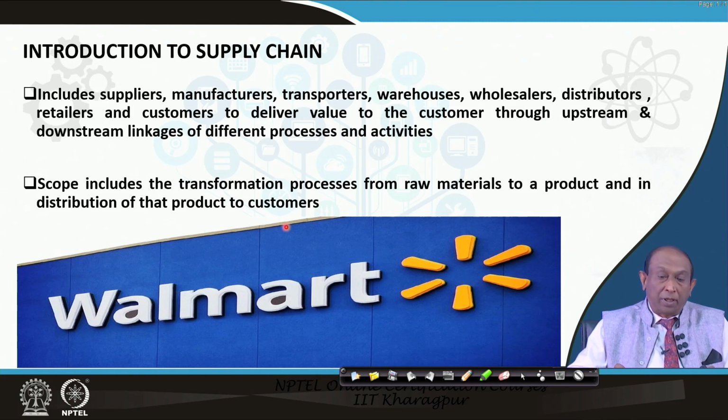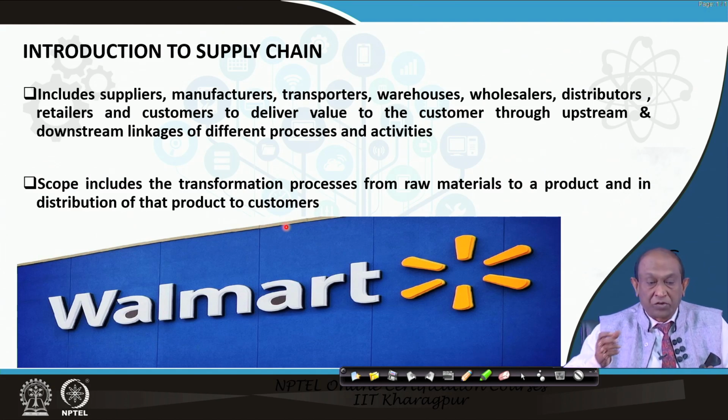So, if we sum up, a supply chain basically includes suppliers, manufacturers, transporters, warehouses, wholesalers, distributors, retailers and customers to deliver value to the customer through upstream and downstream linkages of different processes and activities. So, the scope includes all the business processes, the transformation processes from raw materials to a final product and in distribution of that product to customers.